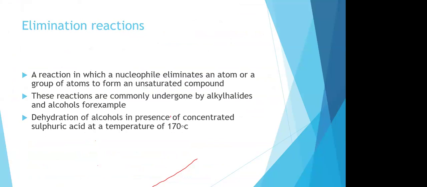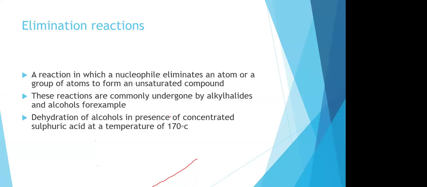This reaction also is in two forms: elimination unimolecular and elimination bimolecular, E1 and E2, where in unimolecular you lose only one species, one atom or one group, and in bimolecular you lose two.